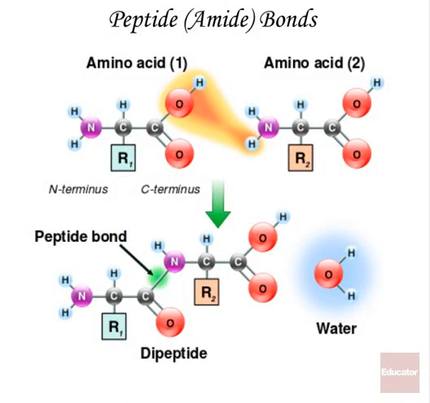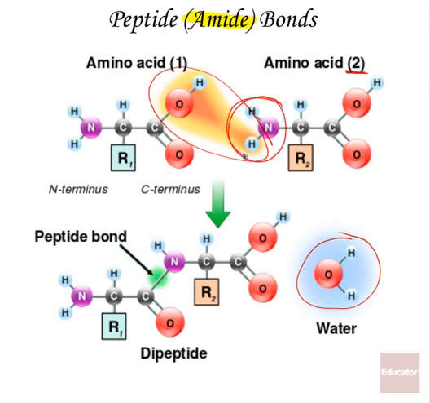Now, our peptide bonds are also called amide bonds, as we stated earlier. And remember, they come from a condensation reaction where water leaves. All right, so the incoming amino acid, 2, makes a bond using its nitrogen, so it's an amine group, with the already existing amino acid 1's carboxylic acid group. All right?